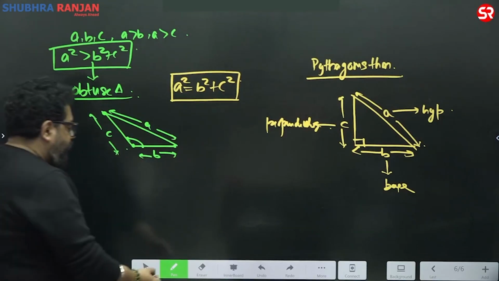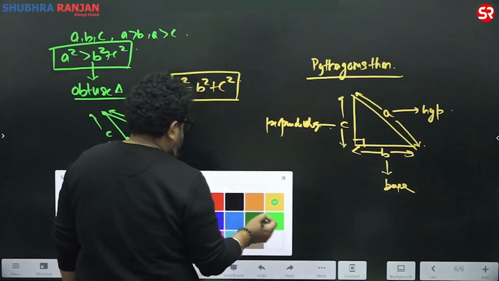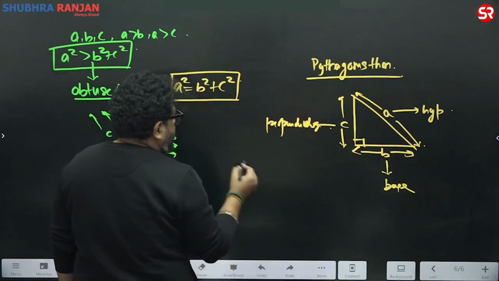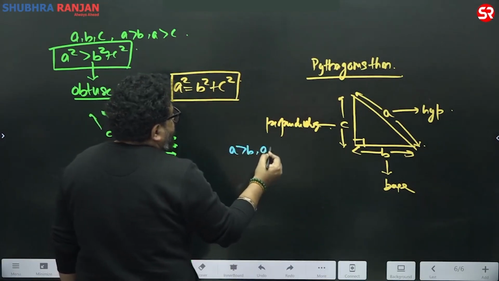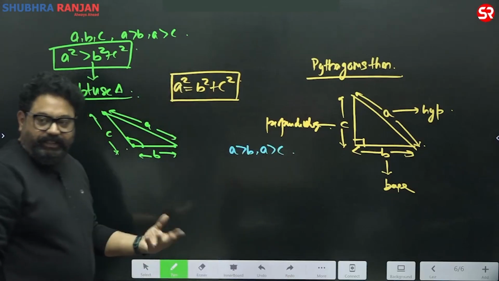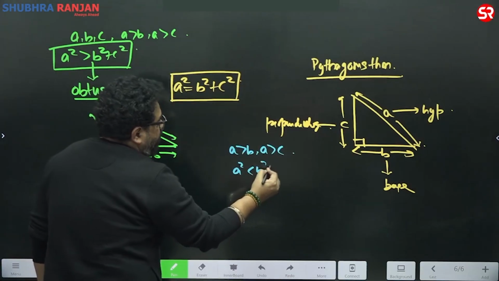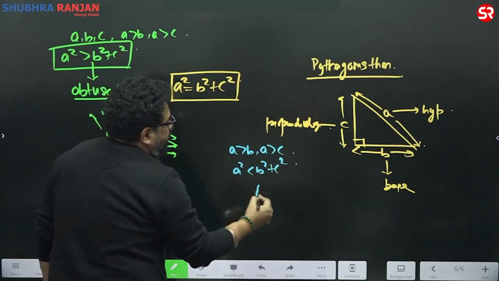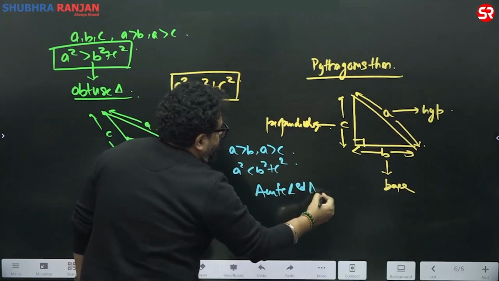Clear? And similarly in a triangle, if A is greater than B, A is greater than C, which means A is the lengthiest side, but A square is less than B square plus C square. It is an acute angle triangle.